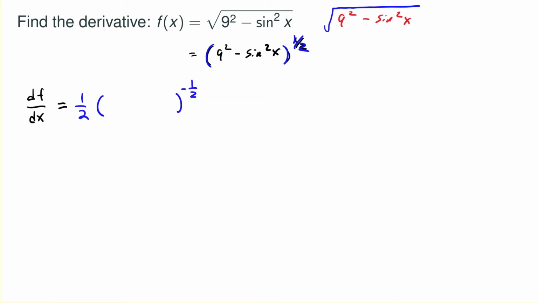Okay, negative half power, inside is 9 squared, and we can write that as 81, if you want, it doesn't matter. But we do have to remember that derivative of 9 squared is 0 because it's constant. And that becomes important when we multiply the derivative of inside right here. So then by chain rule, we multiply the derivative of the argument 9 squared minus sine squared x.